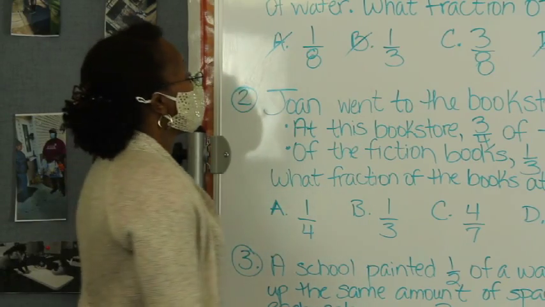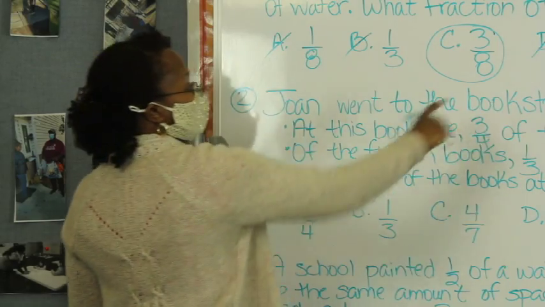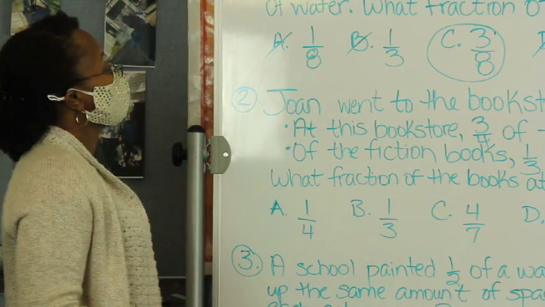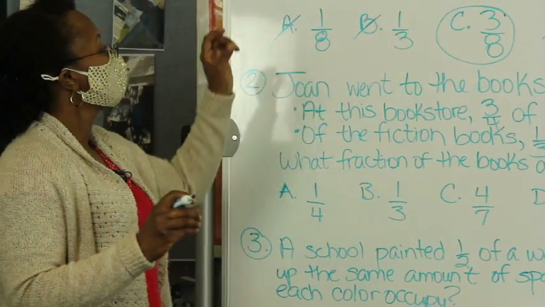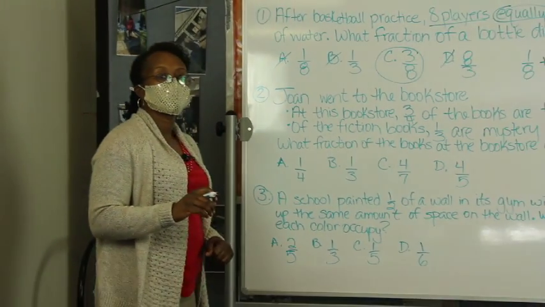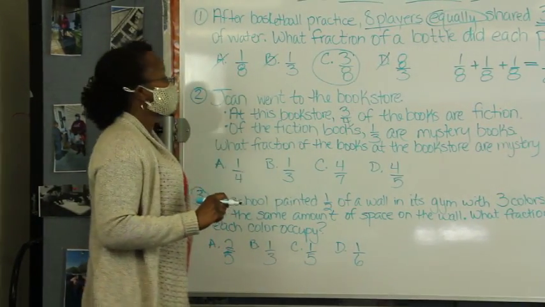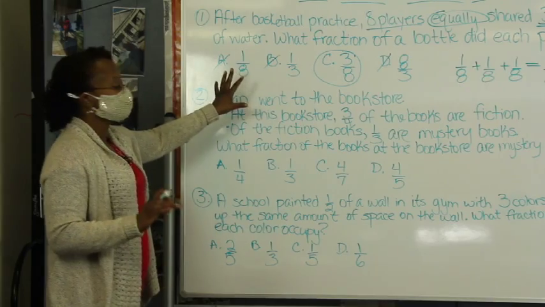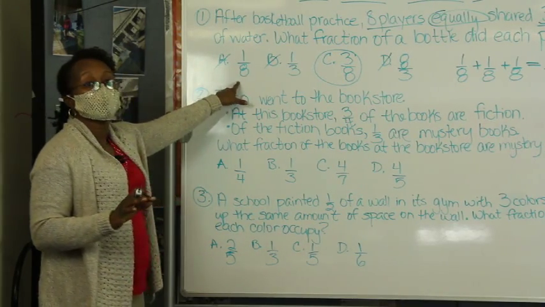But your answer is actually 3/8. That's what they want, is the fraction of all the bottles together, all the water together. They want to know what's the fraction that each player would get. So I think that could have been worded better. But if you actually thought that they were asking for each bottle, that one would be correct.